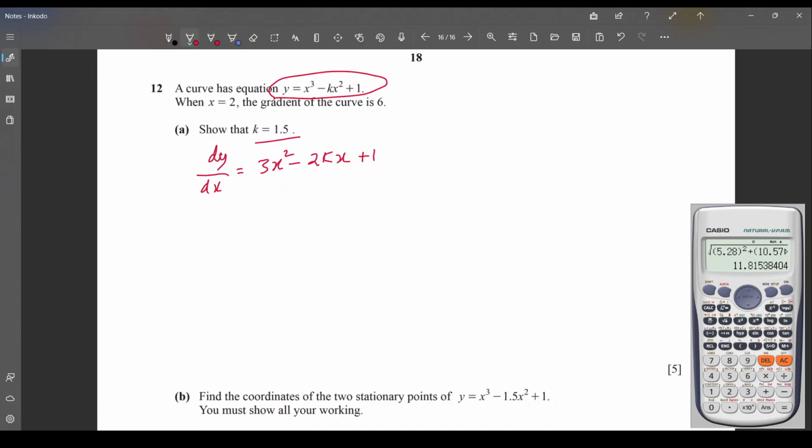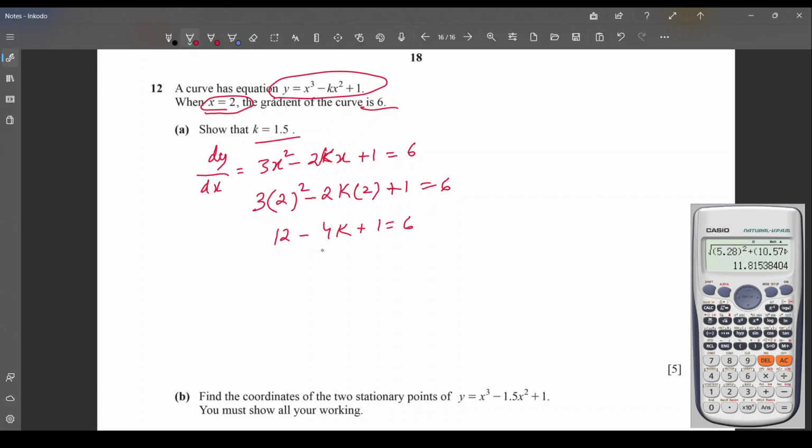So the gradient is actually equal to 6, so we equate it with 6. At the point where x is 2 the gradient is 6, so we put the value of x as 2 and solve that. 2 times 2 is 4, 4 times 3 is 12, minus 2 times 2 is 4k, plus 1 equals 6, so 12 plus 1 is 13.